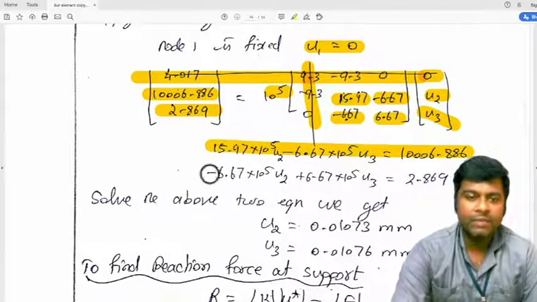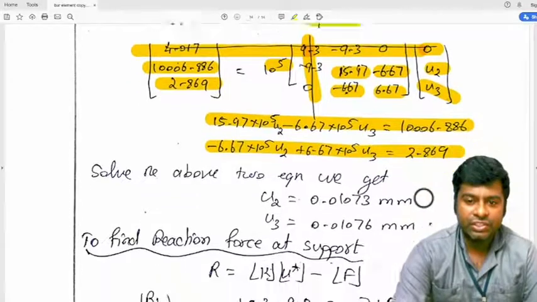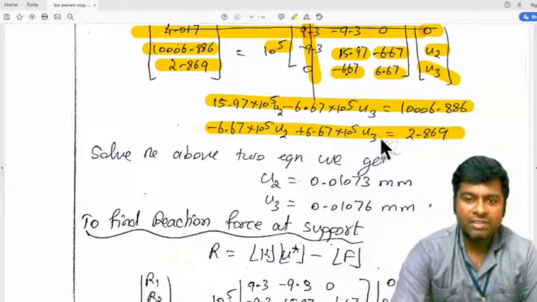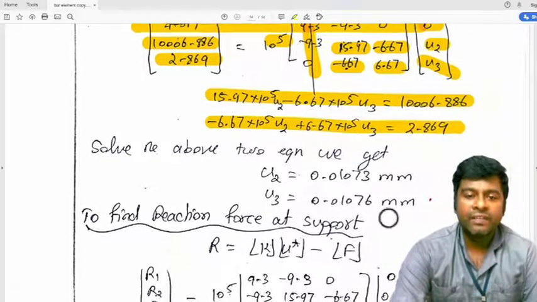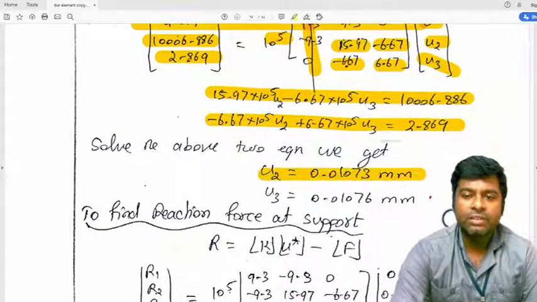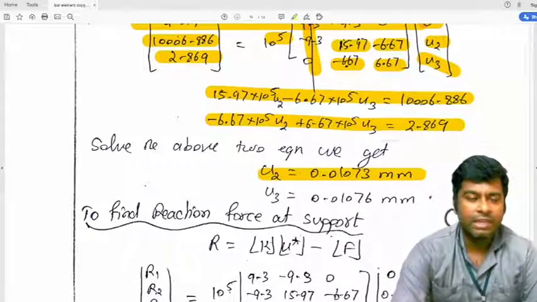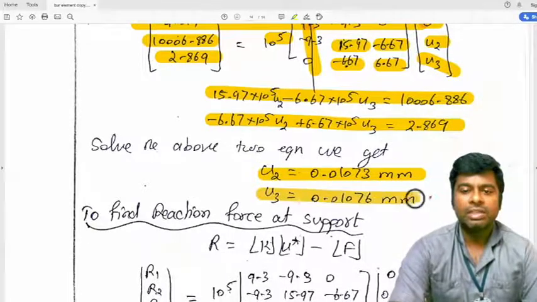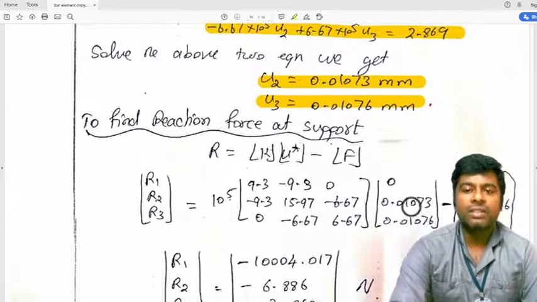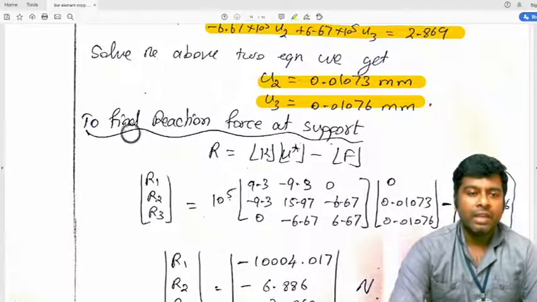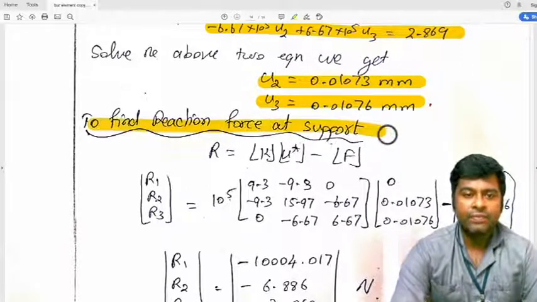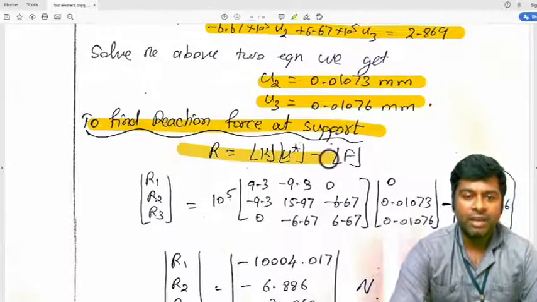Once we solve these two equations, the value yields U2 equal to 0.01073 mm and U3 equal to 0.1076 mm.